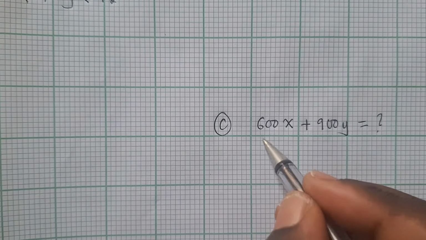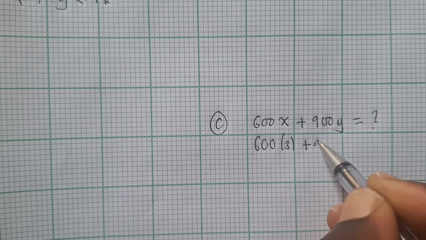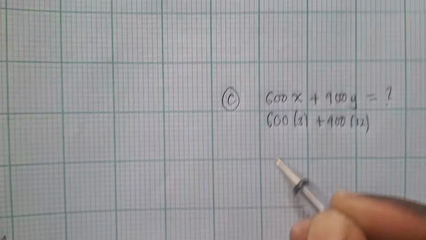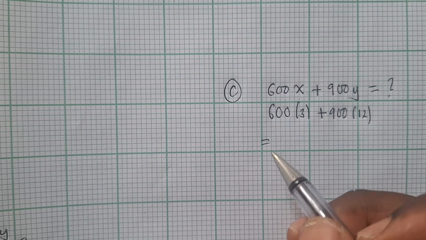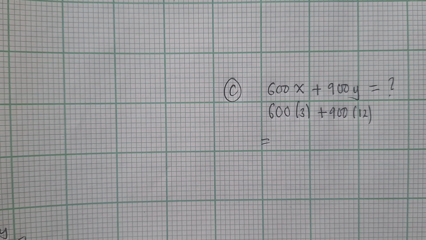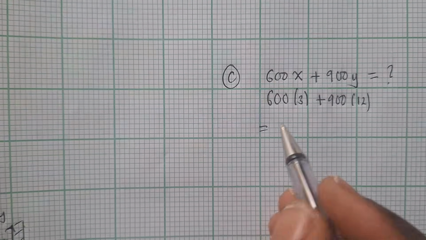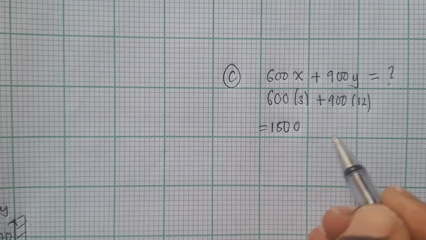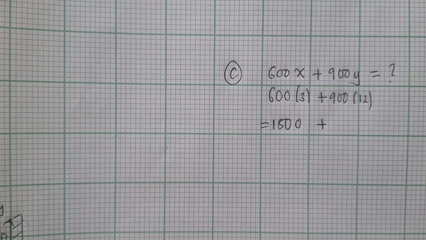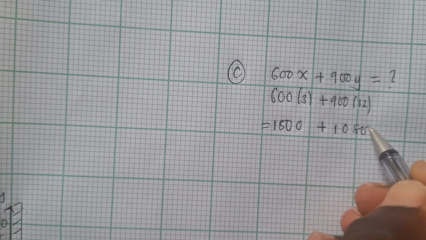So you write the x-axis, it is 3, plus the y-axis, it's 12. So solve this one. So when you say 600 times 3, what are we getting? That's giving us 1,800, if I'm not mistaken. So this is 1,800 plus, you say 900 times 12, it's giving us 10,800 here.